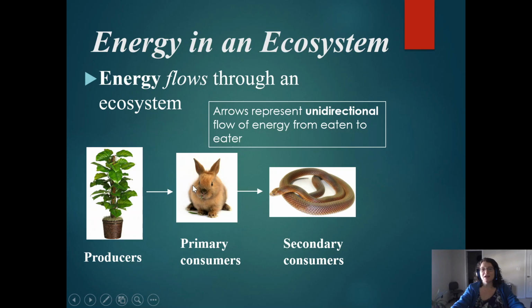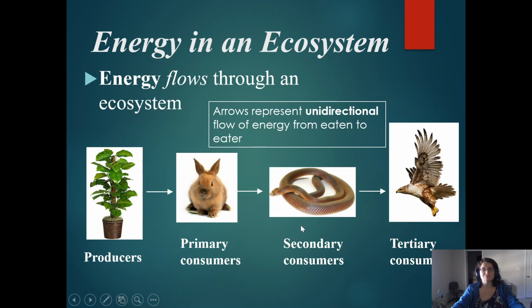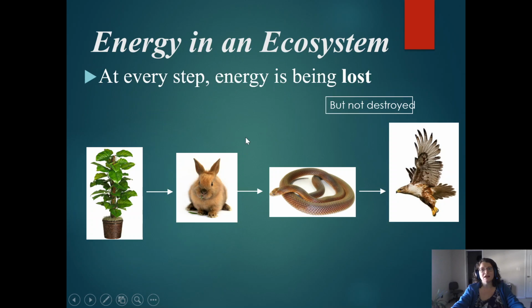And so this bunny now has only incorporated maybe 10% of the plant's energy into it, and then this secondary consumer is only going to be able to incorporate about 10% of that into its body. Okay, similar with tertiary. Energy is being lost at every step, because whenever you convert energy, you lose some.